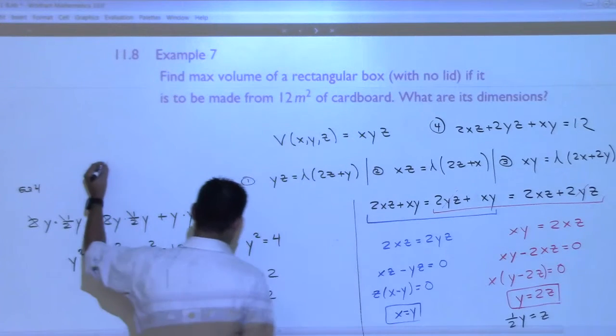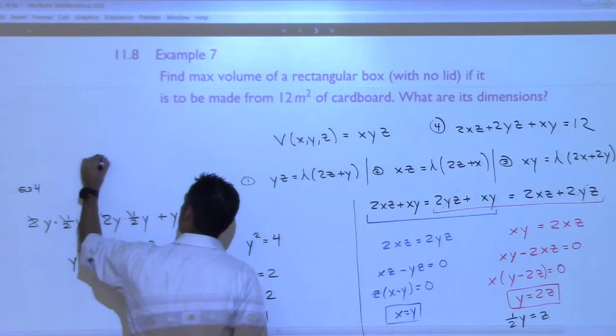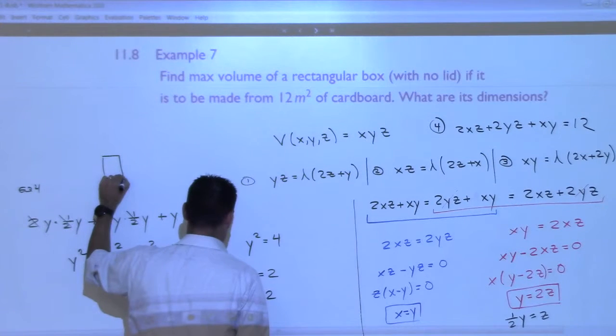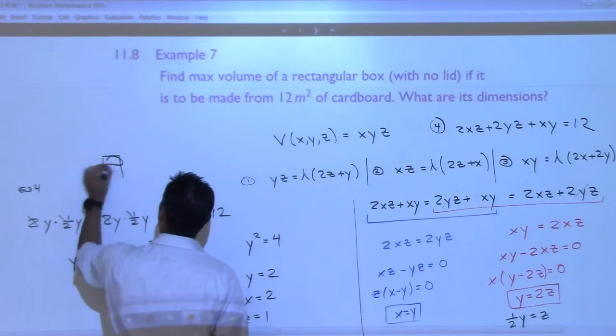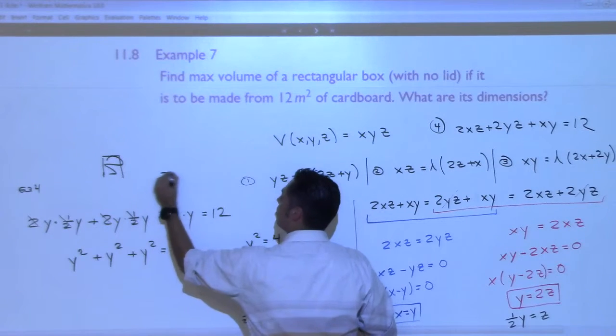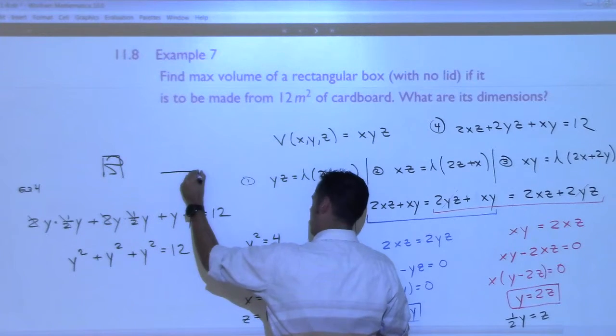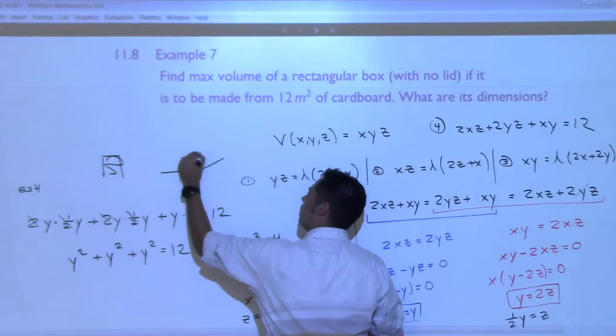So let me see here, my box that I drew. Okay, so basically it looks like this. Your x is 2. Your y is 2. 1 like that.